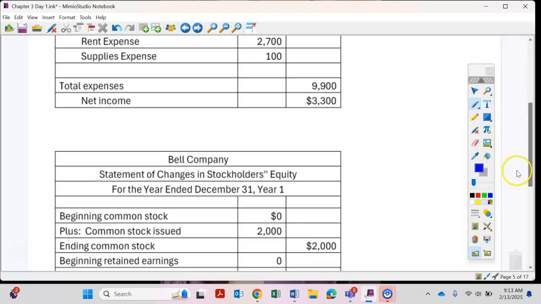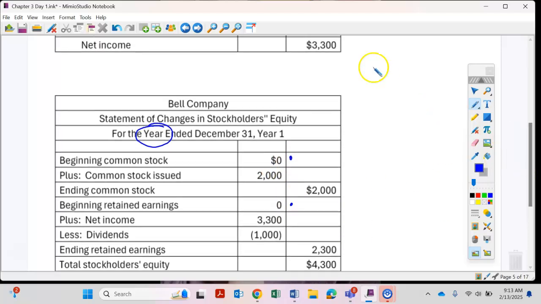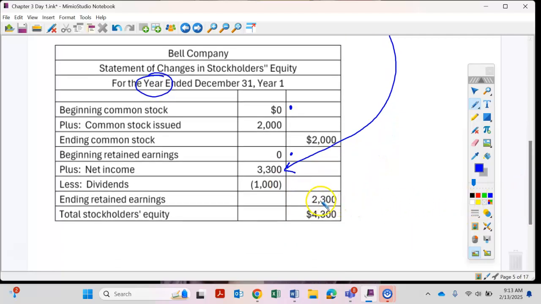I get net income. Changes in stockholders' equity also is for a year ending December 31st. This is the first year, so zero balances. Remember, our net income flows into retained earnings. Then we subtract the dividend and get ending retained earnings, and then we can add those together.